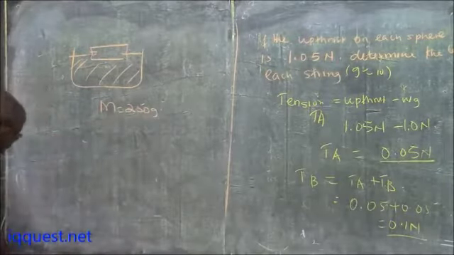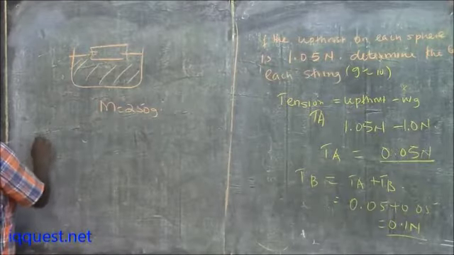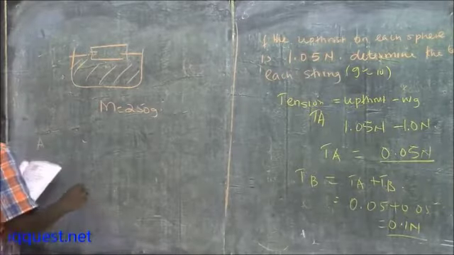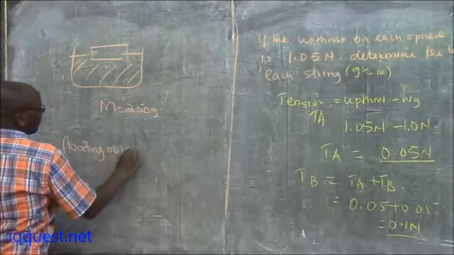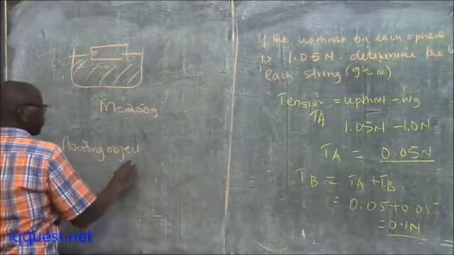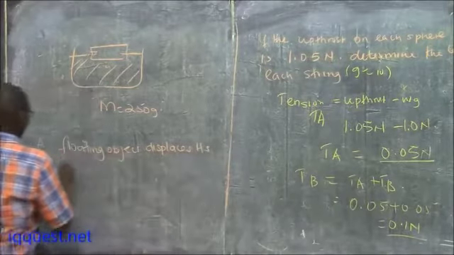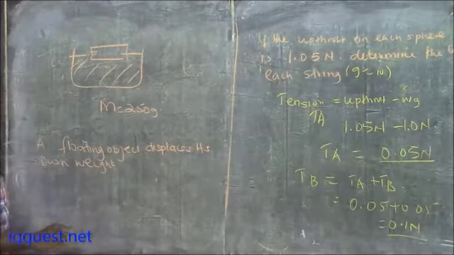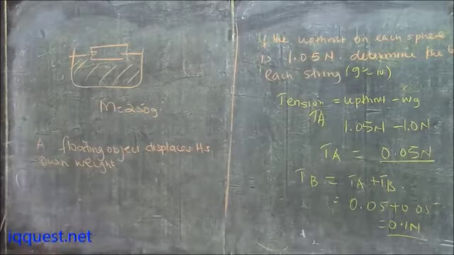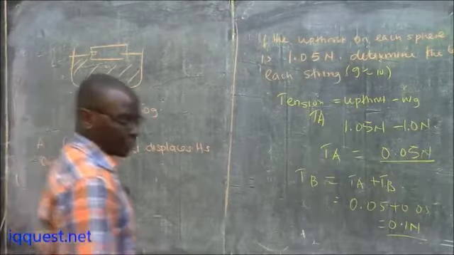Now, in this question, we must remember that if the glass block is floating, then you can say a floating object displaces its own weight.